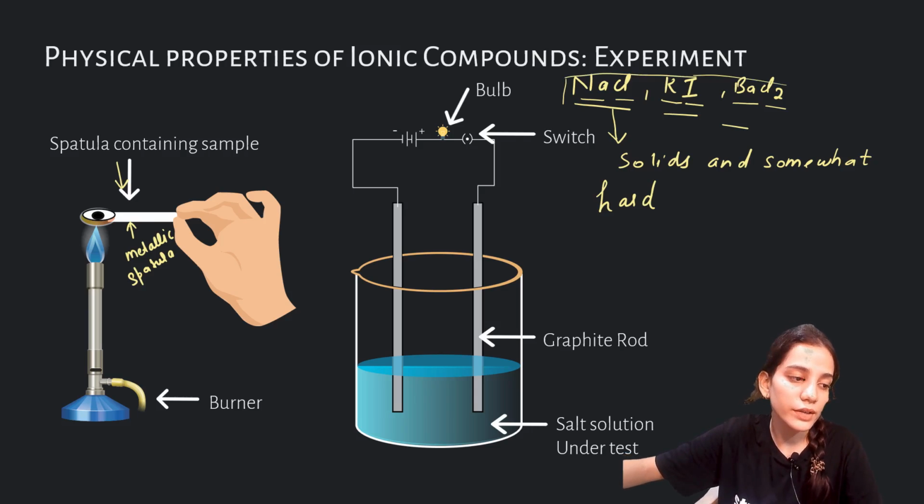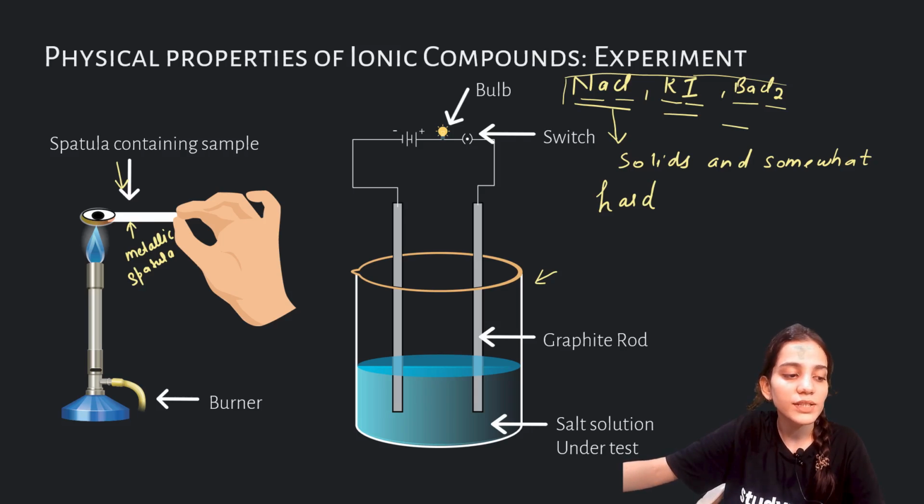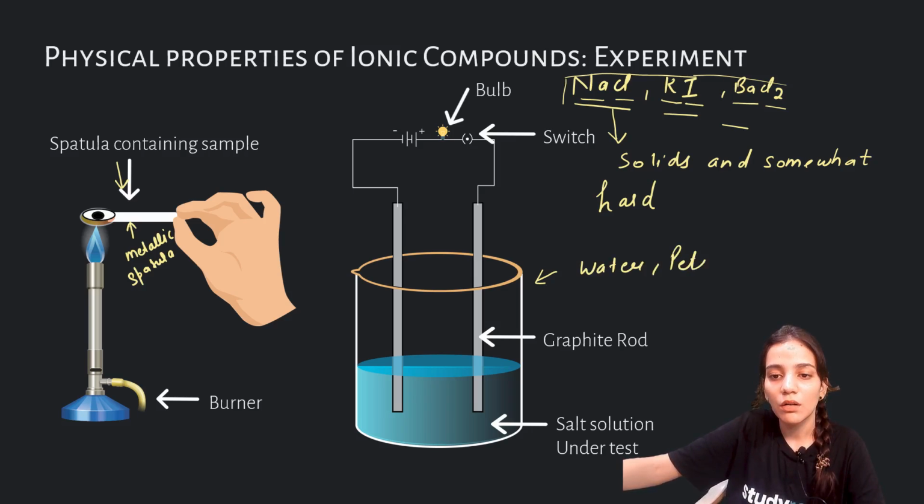Now here, we have to check whether these compounds melt. As I told you earlier, they won't melt easily. Now we have to try to dissolve these samples in water, petrol or kerosene.